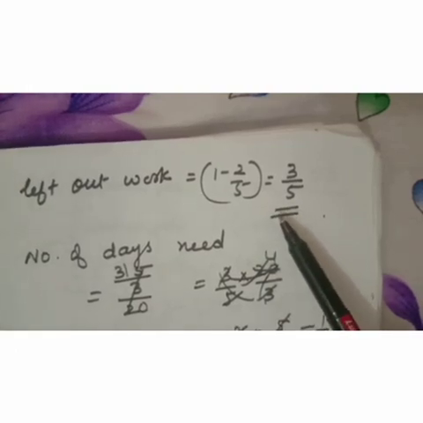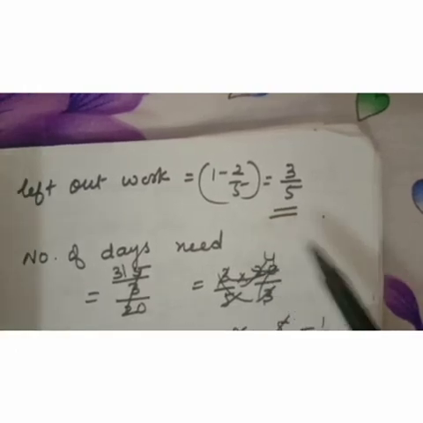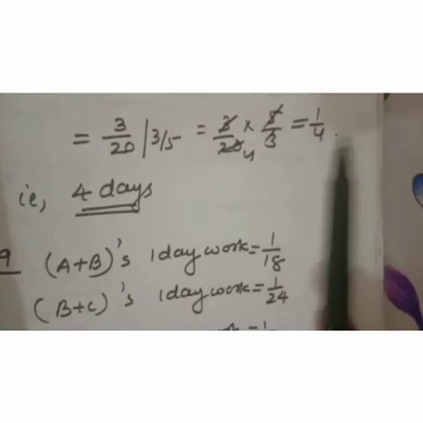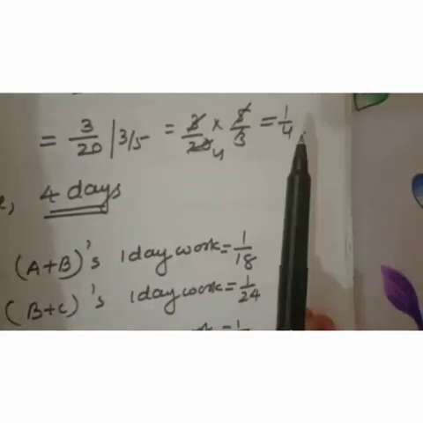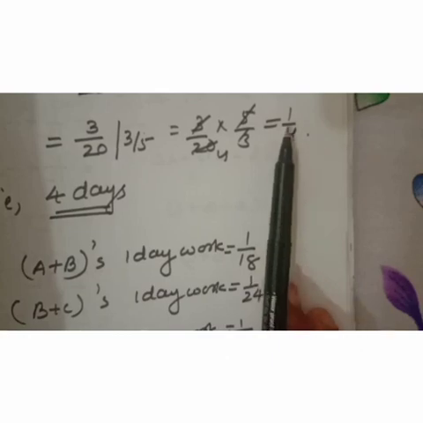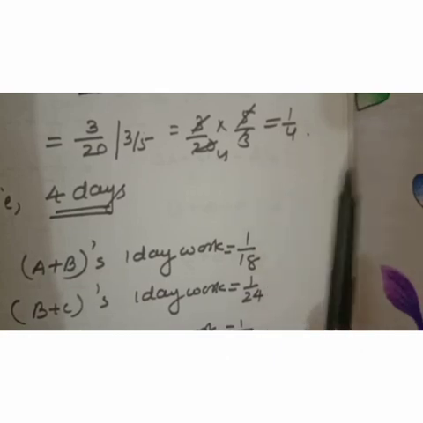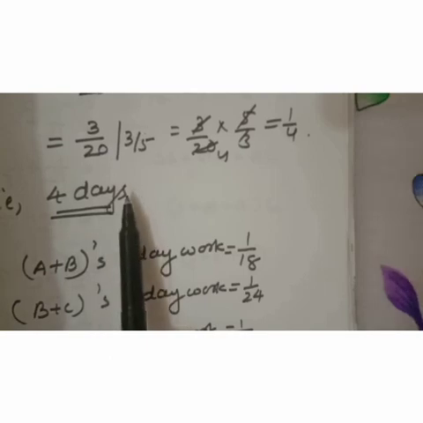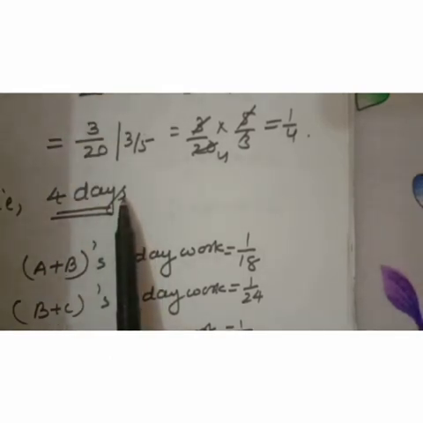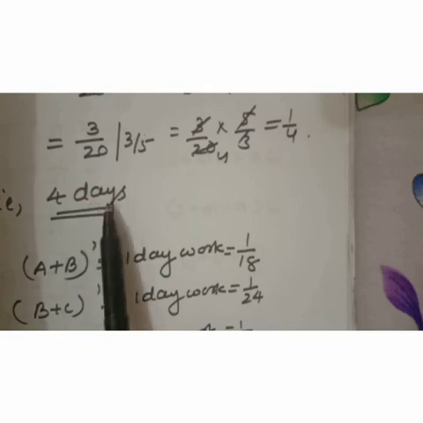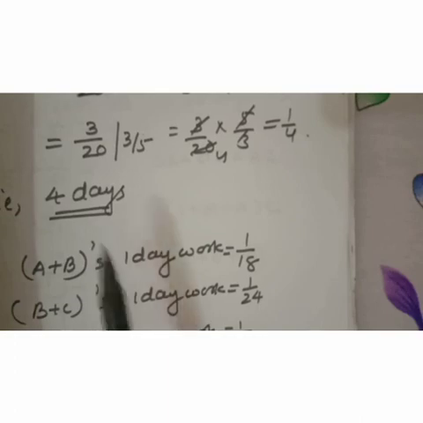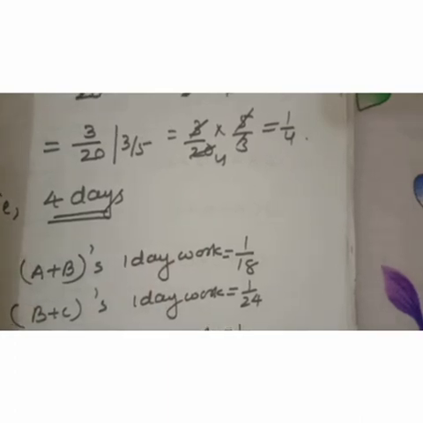So 3 by 20 divided by 3 by 5, what will you get? Take the reciprocal and multiply, 1 by 4 work. That means, taking the reciprocal, 4 days. It will take 4 days to complete the work with A and B after C leaves. Clear?